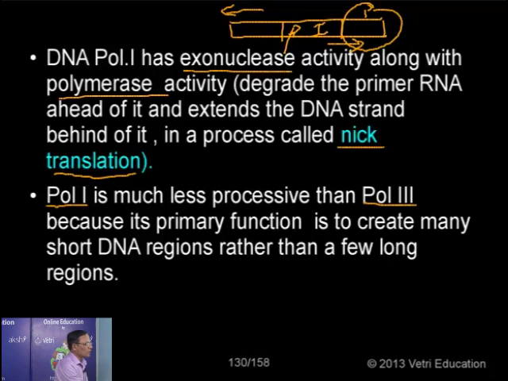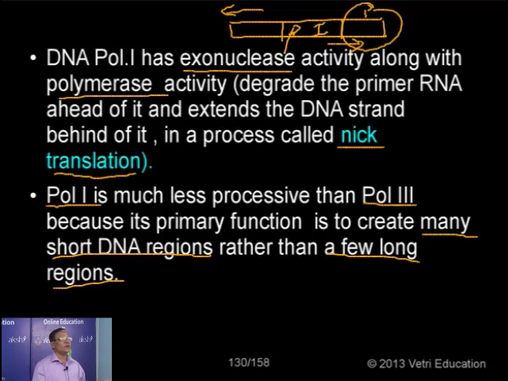Polymerase 1 produces many short DNA regions rather than a few long regions. Simply we can say DNA polymerase 3 is responsible for the production of long regions of DNA, whereas polymerase 1 is responsible for creating many short regions of DNA in the form of Okazaki fragments.